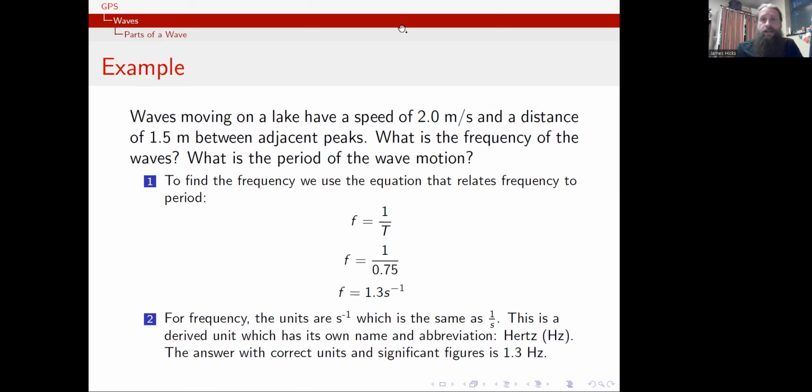That's the same thing as 1 divided by seconds. And that's the unit. I'm doing 1 divided by time. This 1 divided by seconds, that's a derived unit. And it's a simple derived unit, but it's important enough that it gets its own name, and that is a hertz. So this frequency that's associated with a 0.75 second period is 1.3 hertz.